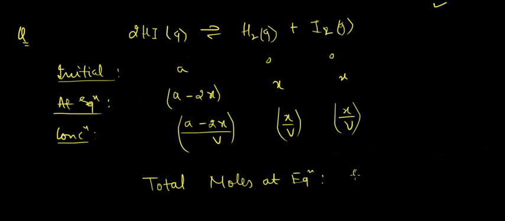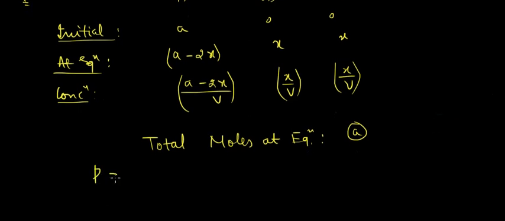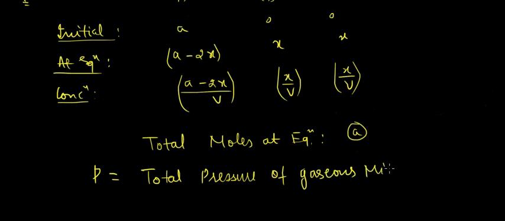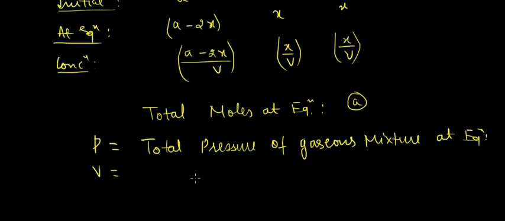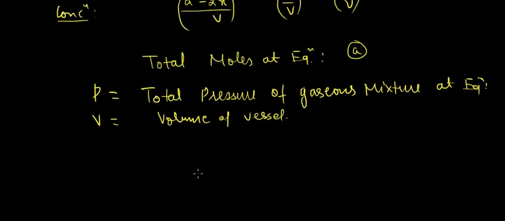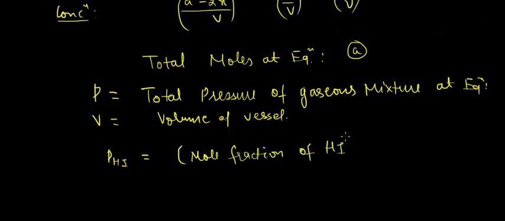and total moles at equilibrium would be A minus 2x plus x plus x, which is again A, and pressure would be the total pressure of the gaseous mixture at equilibrium, and V would be the volume of the vessel. The partial pressure of HI would be the mole fraction of HI multiplied with the total pressure in the vessel.